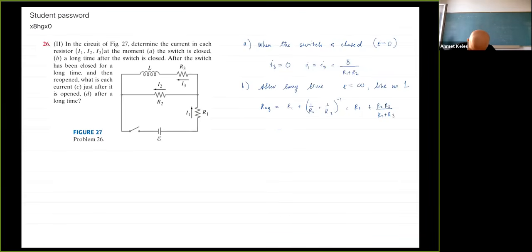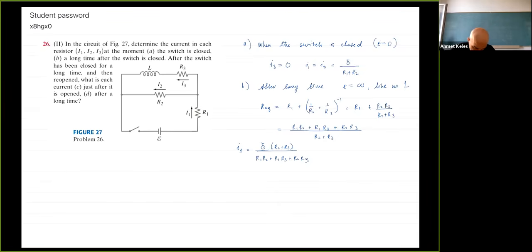And this is equal to, okay, let's just write it like R1 R2 plus R1 R3 plus R2 R3 divided by R2 plus R3. Then I1 is going to be equal to E over this REQ, which is going to be E times R2 plus R3, divided by this whole thing, R1 R2 plus R1 R3 plus R2 R3.